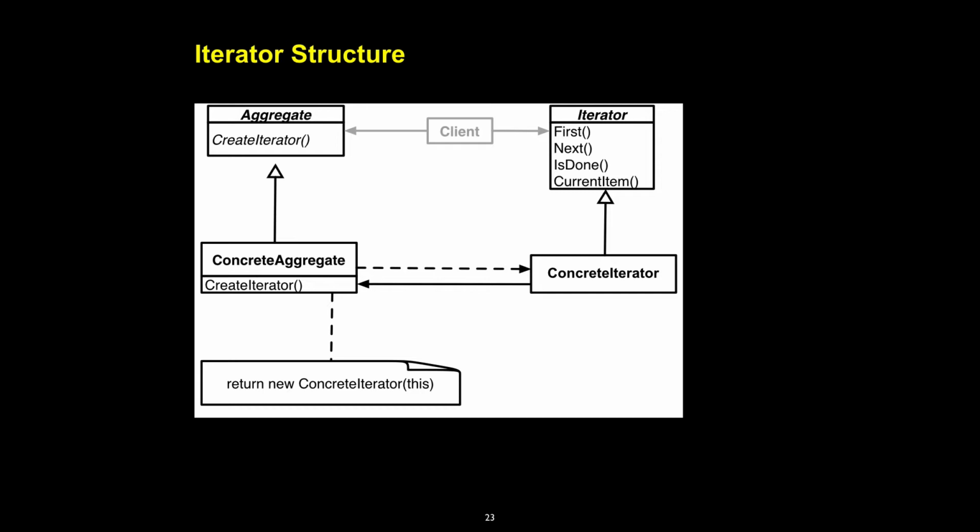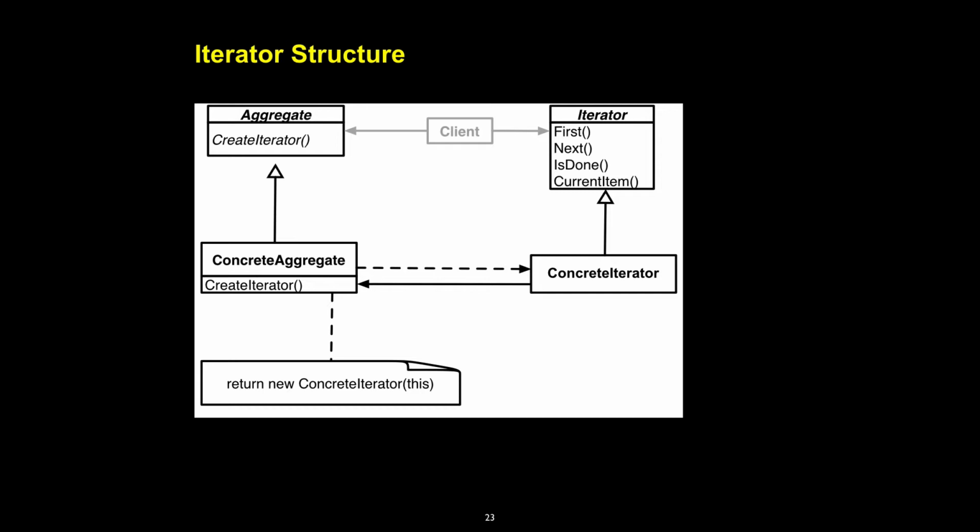An aggregate, what do you mean by aggregate? It's a collection of something. Then the client asks the aggregate, give me your iterator, whether it's an internal one or an external one. And then the iterator has some methods on it, what you can do with it.